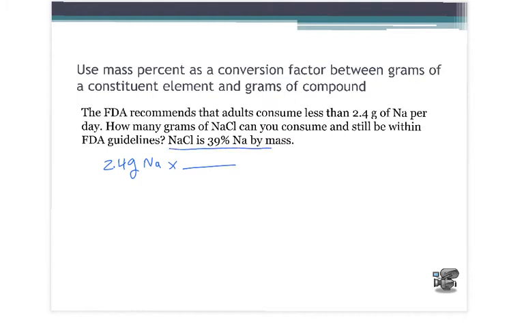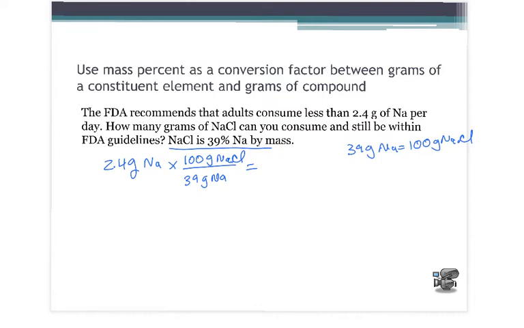Now we want to use this as a conversion factor. Remember, 39% means per 100. So there's 39 grams of sodium per 100 grams of sodium chloride. That's what percent means. So we can use this as a conversion factor, just like we learned in chapter 2. This gives us a shortcut way.